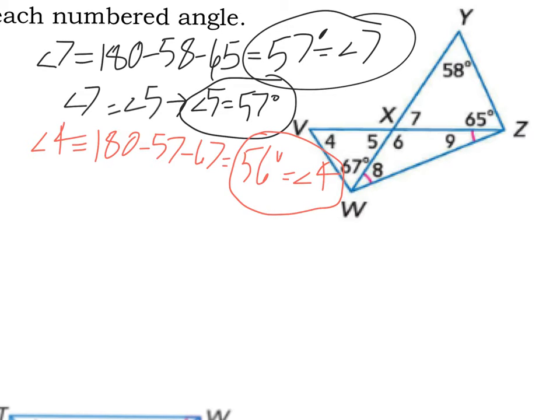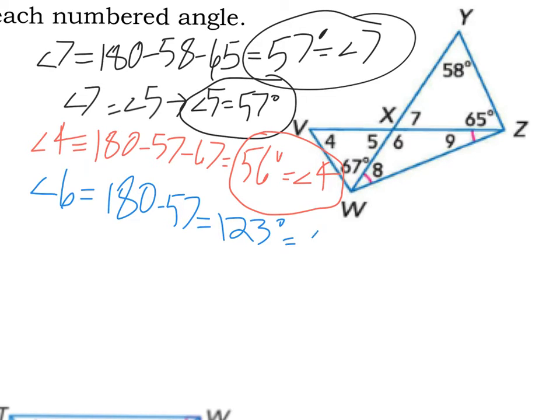So what I'm trying to get at here is that angle 6 plus angle 5 or angle 7, whichever one you're looking at, is going to equal 180 degrees. So just do 180 minus the angle measure of angle 7, or 6 or 5, I mean. So 180 minus 57 is going to equal angle 6. That means it's going to equal 123 degrees. All right. So we have 123 degrees for angle 6.